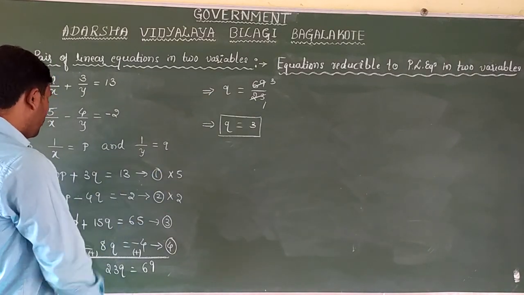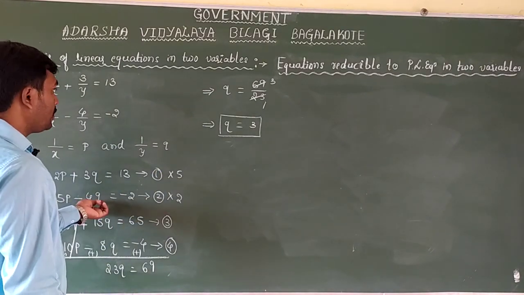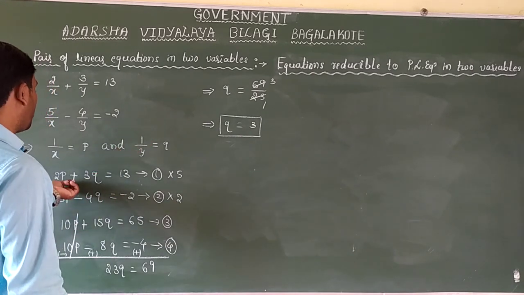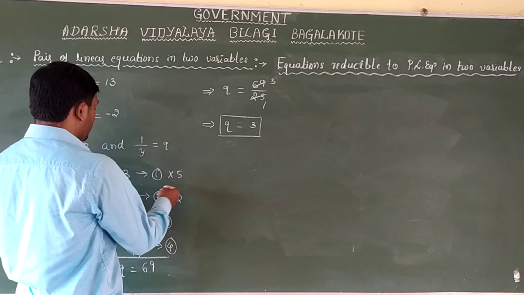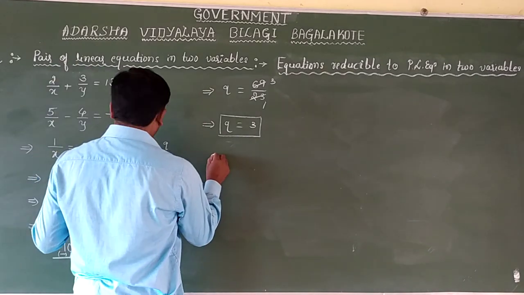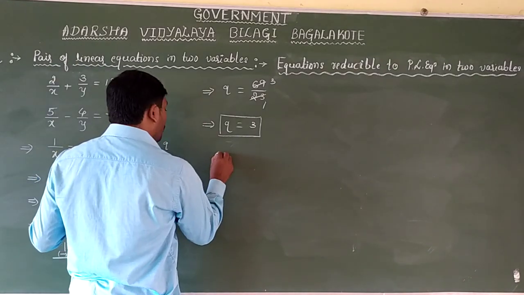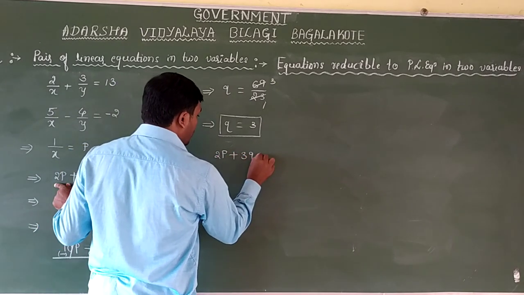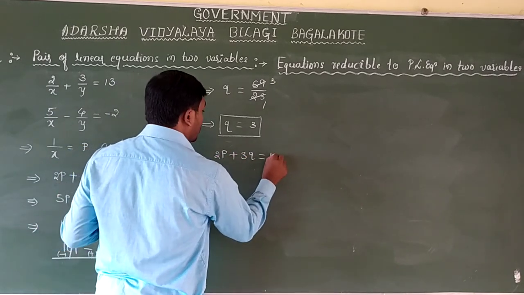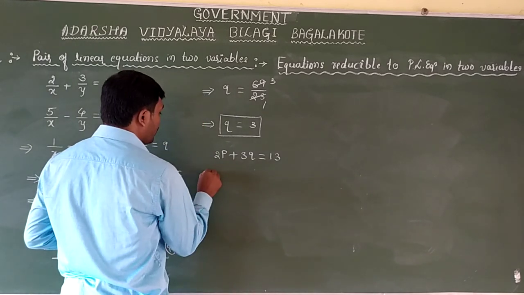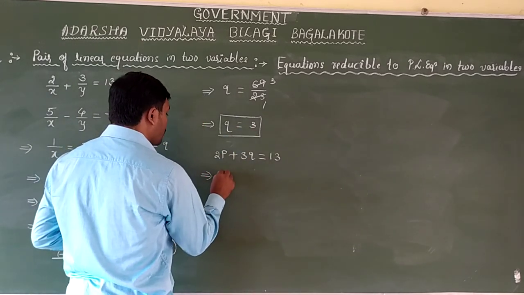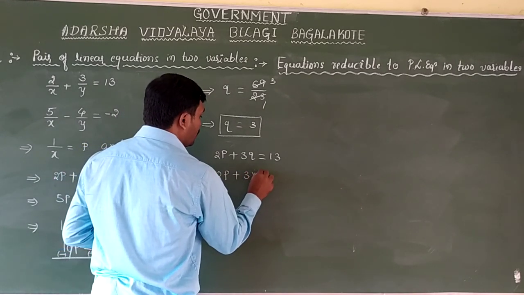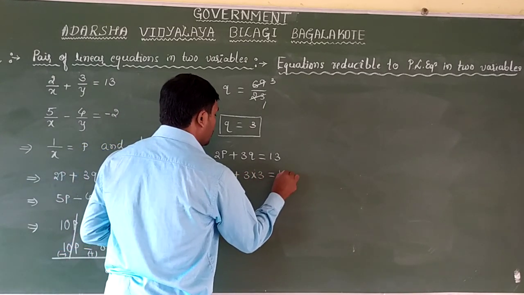To find the value of p, let us substitute the value of q in any one of the equations. Here I will take equation number 1, which is 2p plus 3q is equal to 13. The value of q is 3, so substitute that in this equation. 2p plus 3 into 3 is equal to 13.